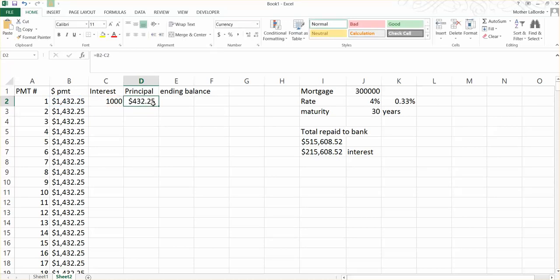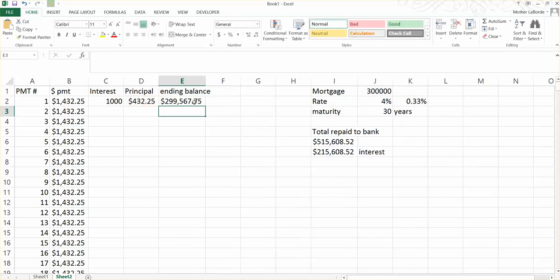So 432 is principal. That means I'm giving this much money to the bank to reduce the amount that I owe on the loan. I started the month owing 300,000. I reduced that balance by 432. So now I only owe $299,568.